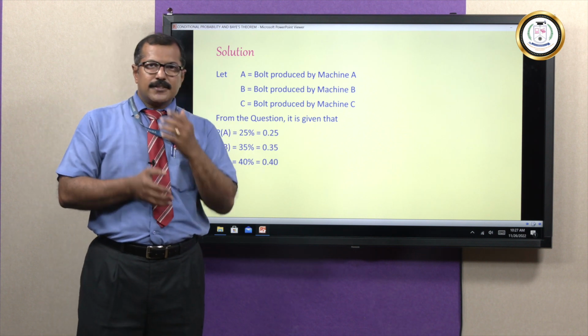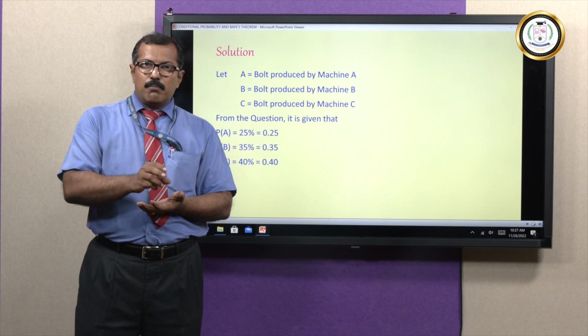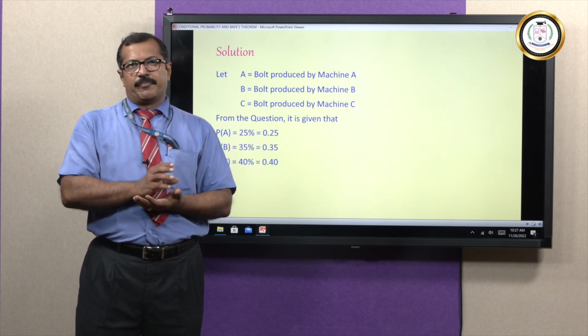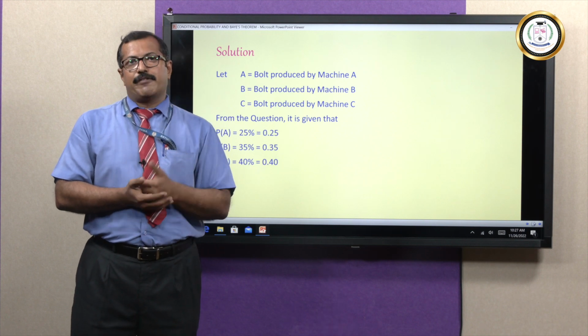Supposing it is given that you are going to select a bolt from bolts produced by machine A. We know that 5% of total production by A is defective.